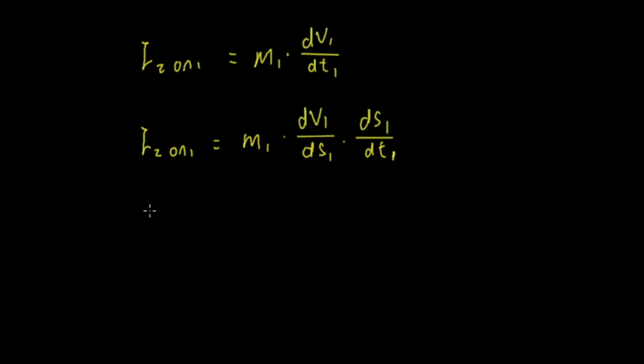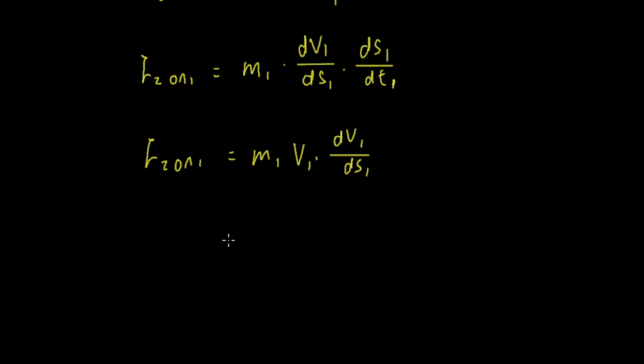So we can write this as mass 1 times velocity 1 times this dv1 over ds1. Now, multiply both sides by ds. We have force 2 on 1 times ds1 is equal to mass 1 times v1 times dv1.